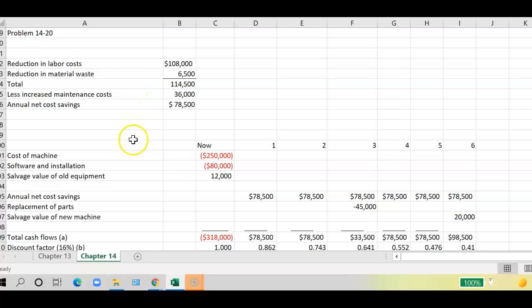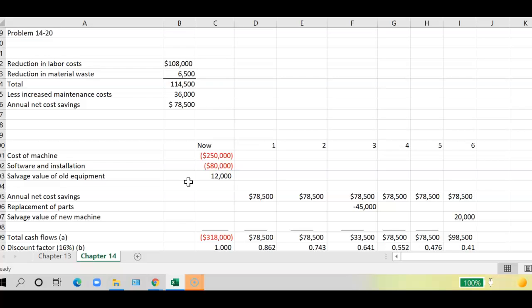So we find out that we can salvage our old equipment for $12,000, which is subtracted from the investment of $250,000 and the $80,000 software installation.